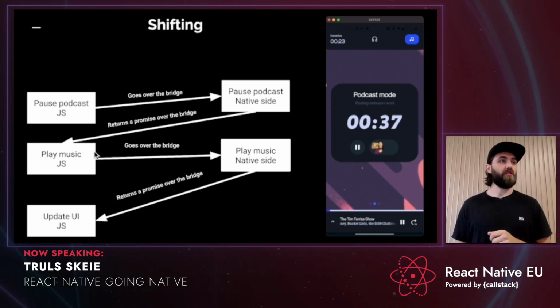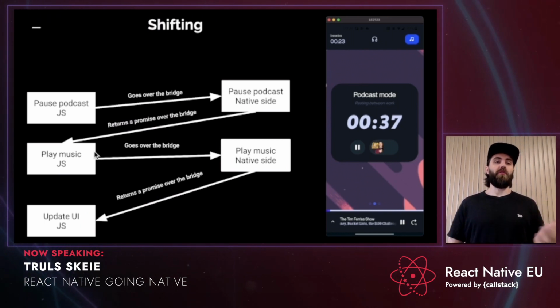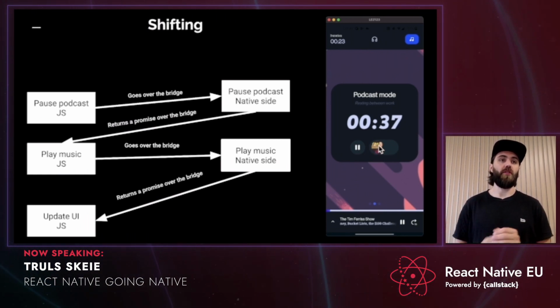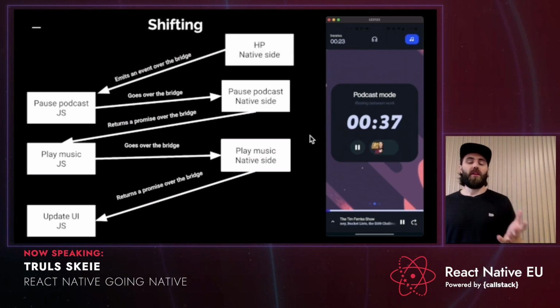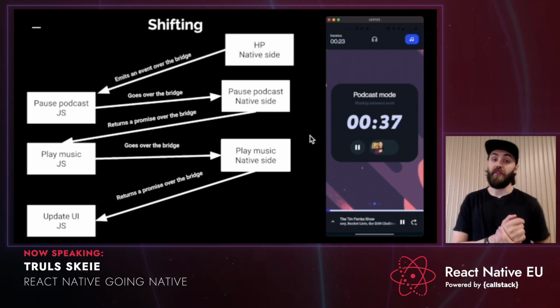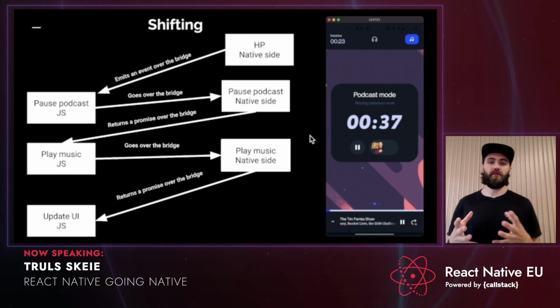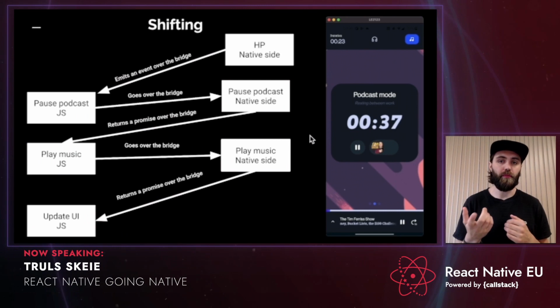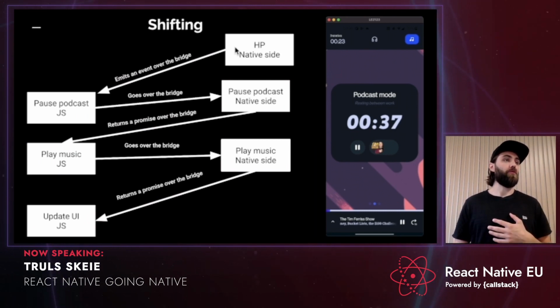So it gets worse. A lot of clients said that they don't want to click on this button in order to shift if they don't have put a timer here. So we implemented a way for them to do that, and that's with headphones. With headphones, you can press play or pause, and it will automatically switch.